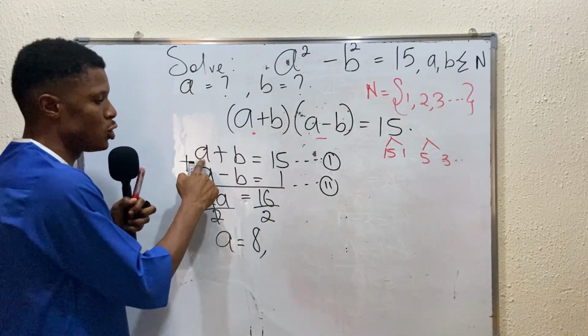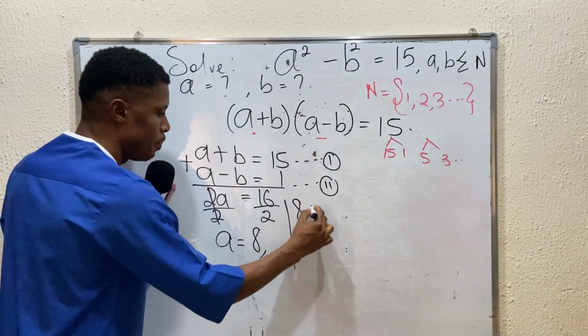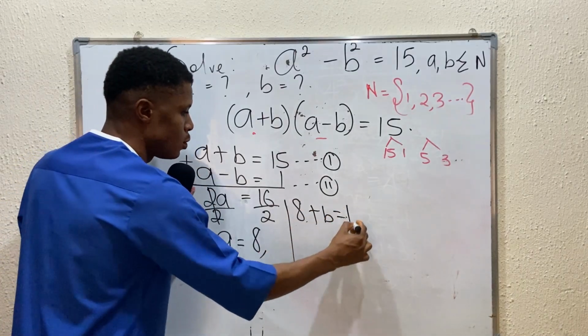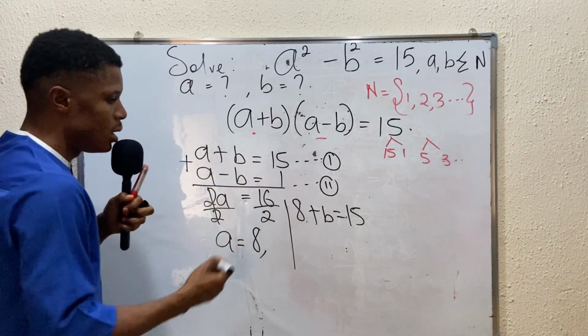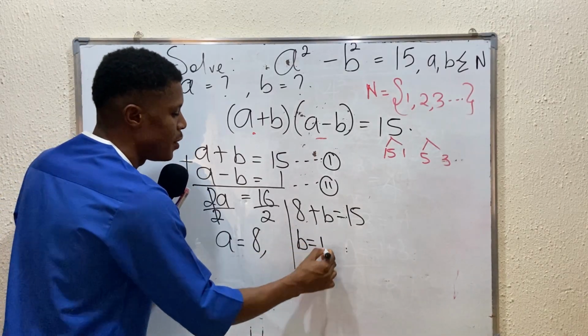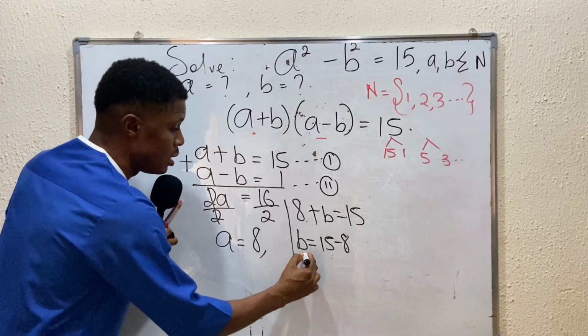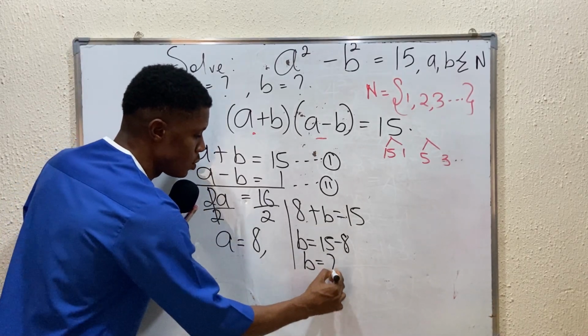Let's try it in equation 1. Instead of a, I write 8, so 8 plus b is equal to 15. Then b is equal to 15 minus 8, which is 7. So b is equal to 7.